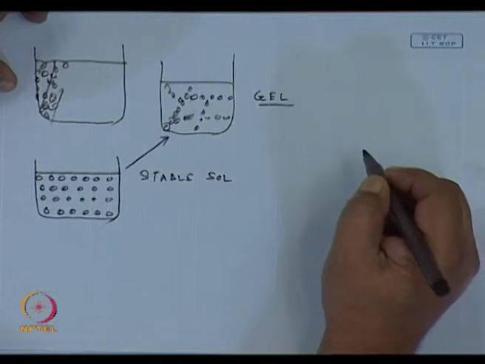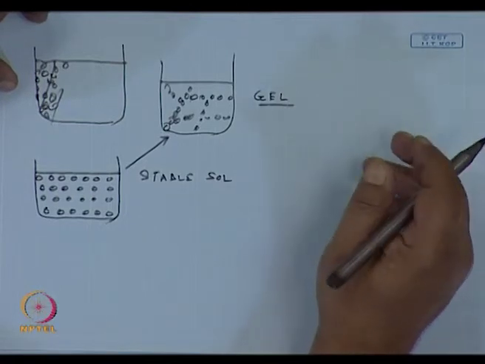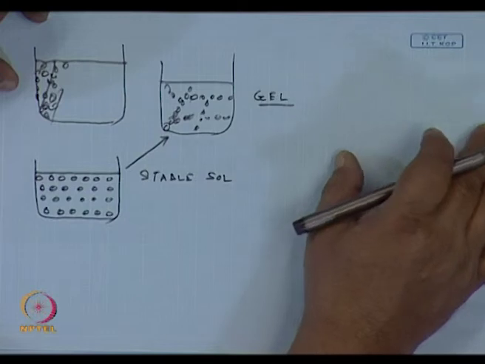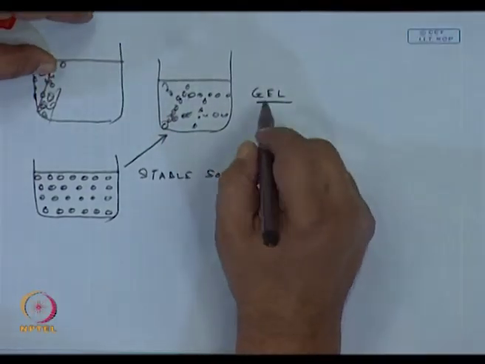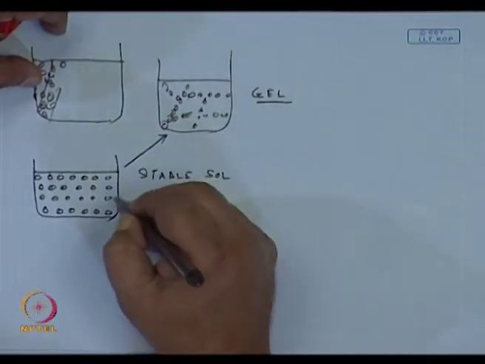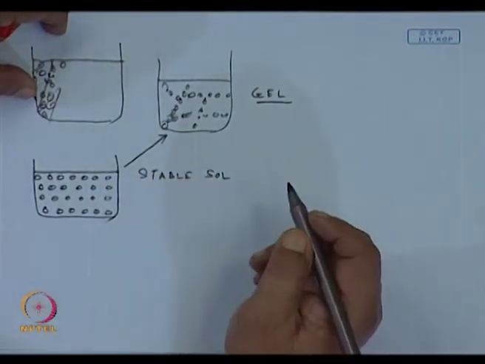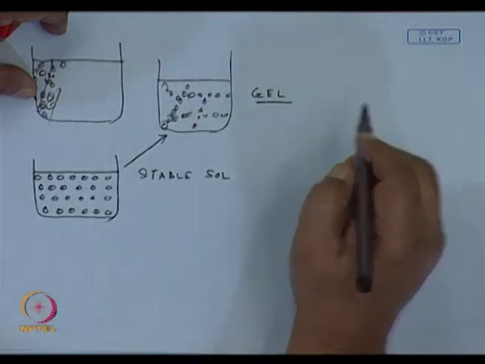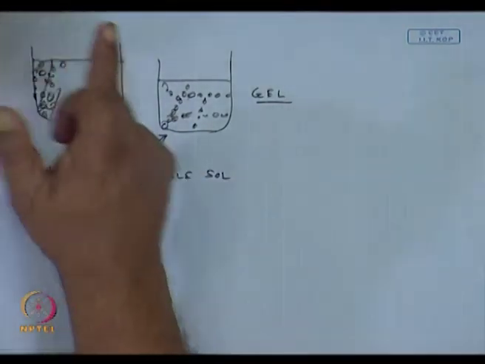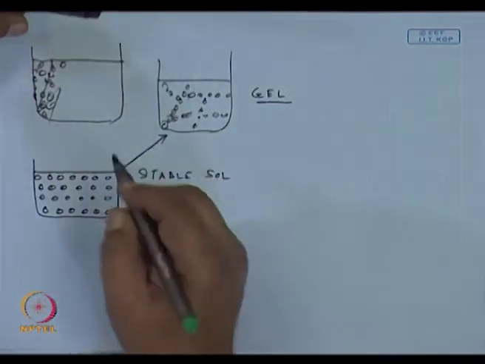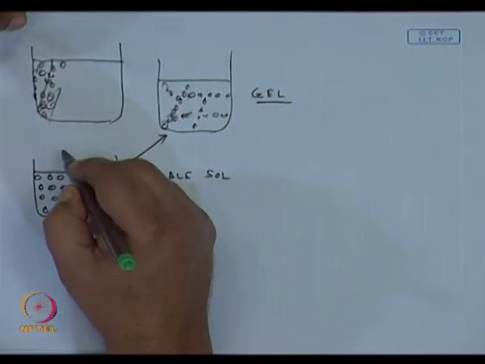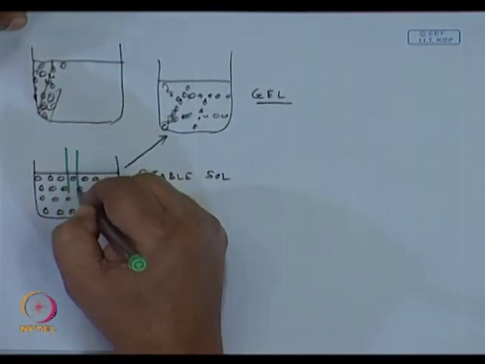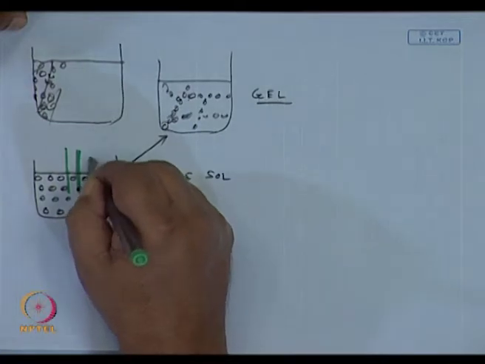This opens up huge possibilities. For example, let me start from this sol. I take say a thin glass slide or a glass rod, for example, this pen even, and I dip it into it, that is, I dip the pen in and then pull it out.